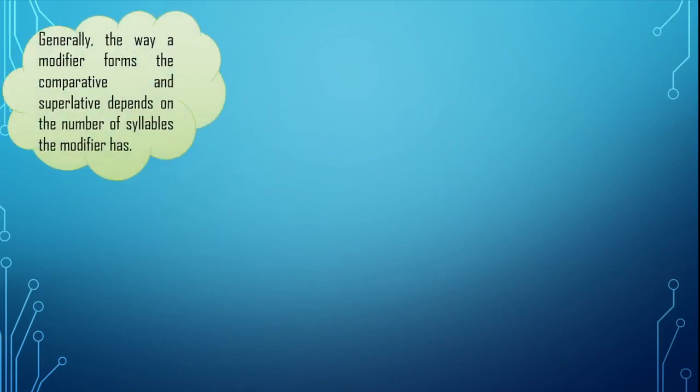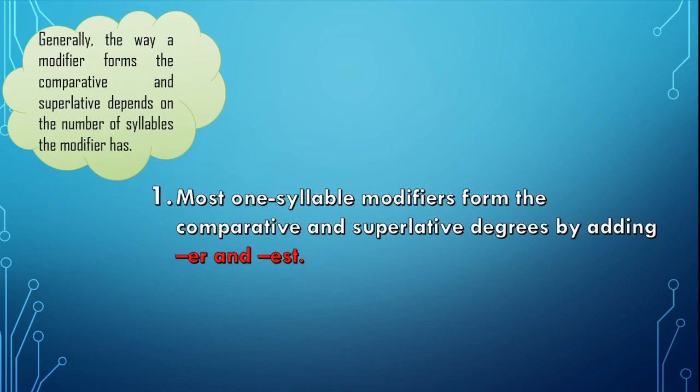Generally, the way a modifier forms the comparative and superlative depends on the number of syllables the modifier has. Again, it depends on the number of syllables.